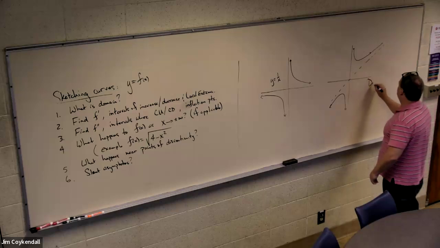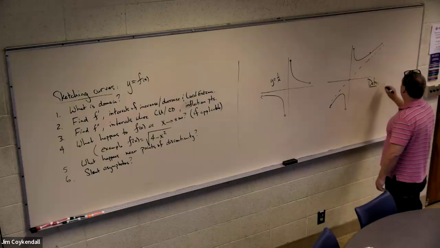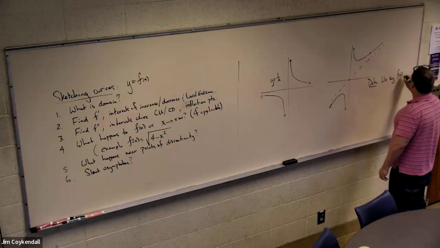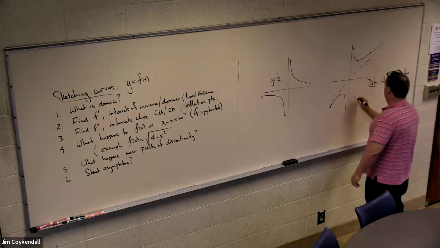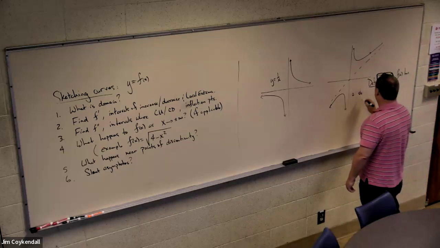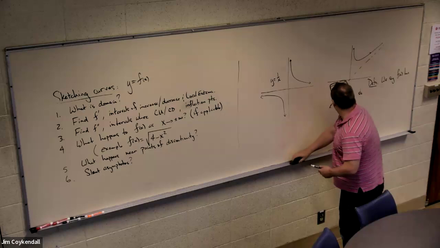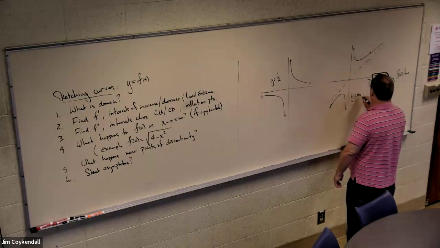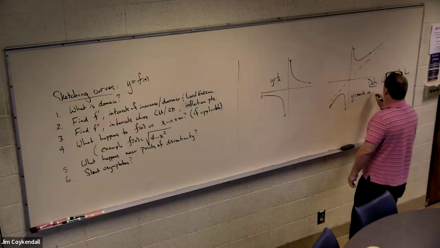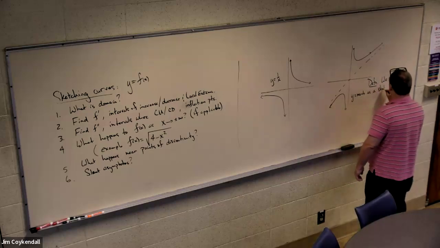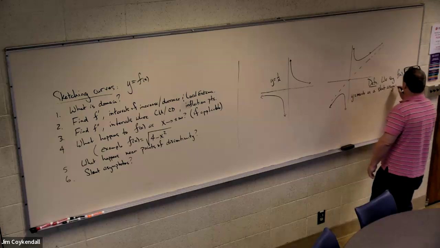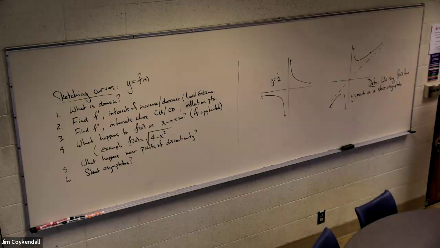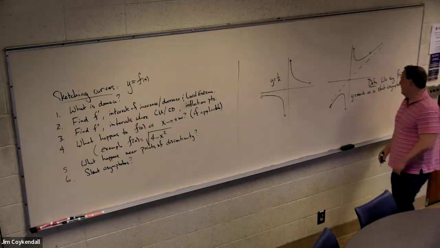So, the definition: we say f of x has y equals mx plus b as a slant asymptote. And some folks call this an oblique asymptote.